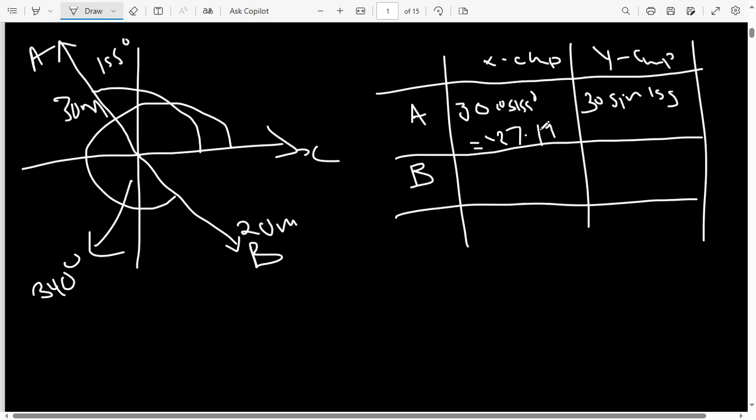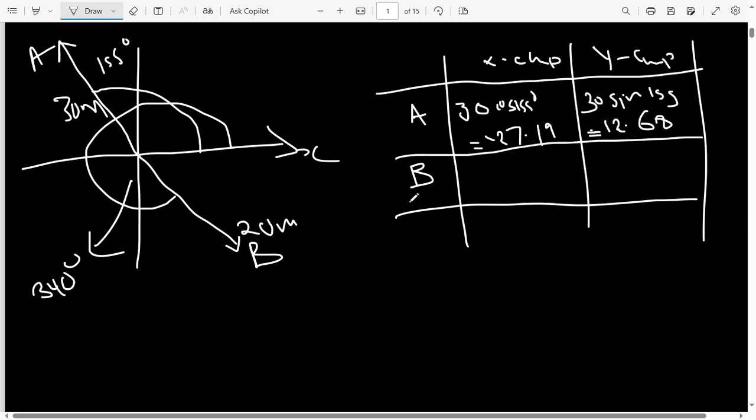Okay, I'm rounding it to 2 decimal places. What about there? Okay, I have 30 multiplied by sine 155. Okay, I'm getting 12.68. So 12.68 here. That is what I'm getting there as my answer.